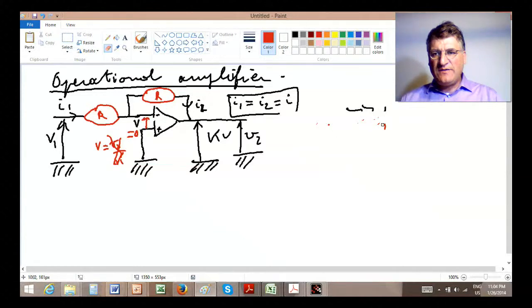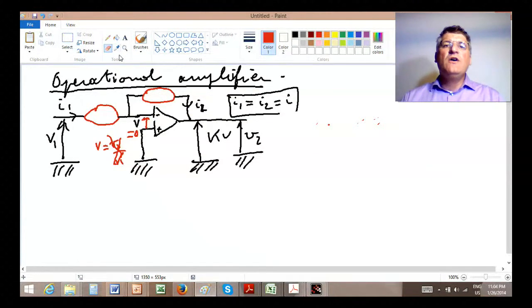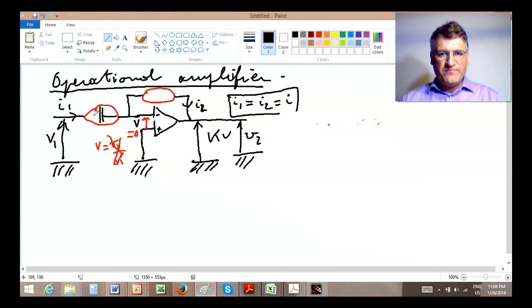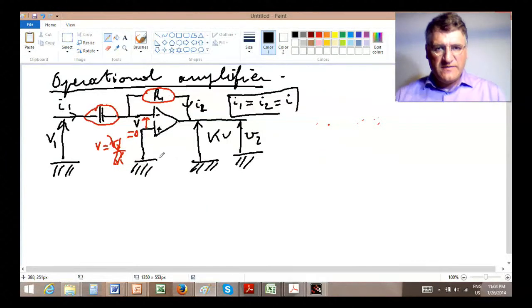Now, let's erase this, and let's erase that, and let's put other elements here. One of them could be, and will often be, a capacitor on the one hand, with a resistor on the other hand.